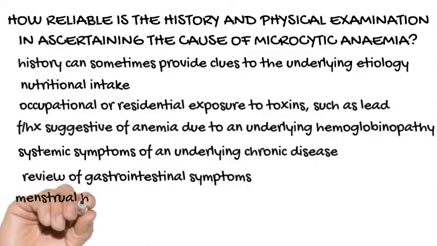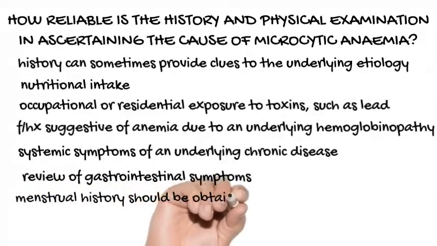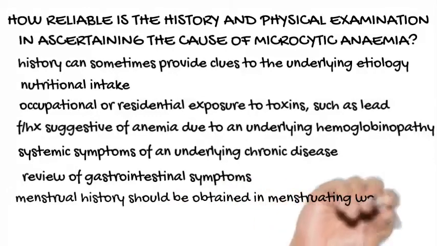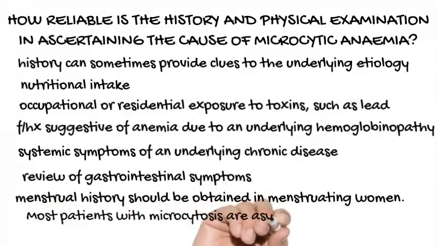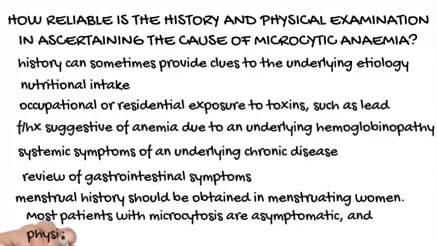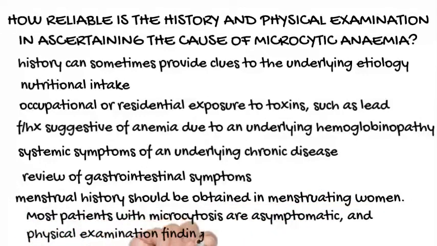Review of gastrointestinal symptoms is warranted in adults, and a menstrual history should be obtained in menstruating women. Most patients with microcytosis are asymptomatic, and physical examination findings are often limited.